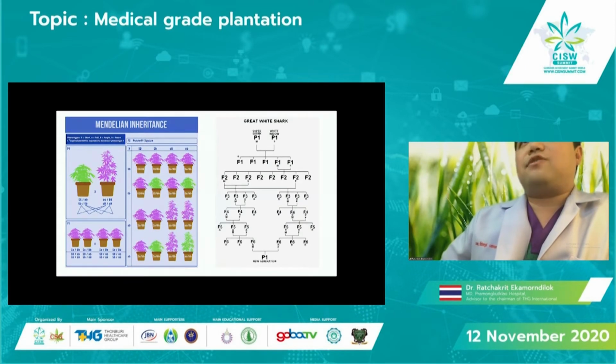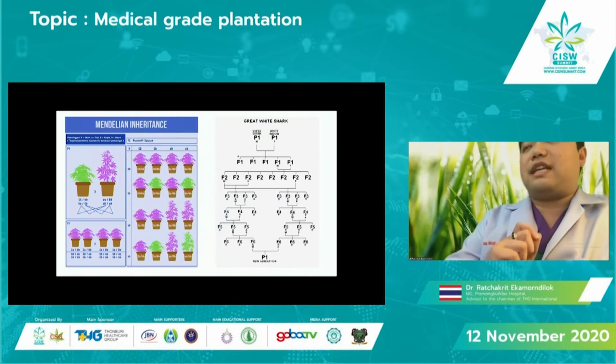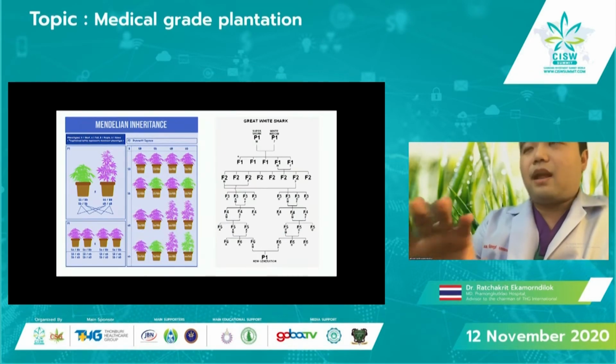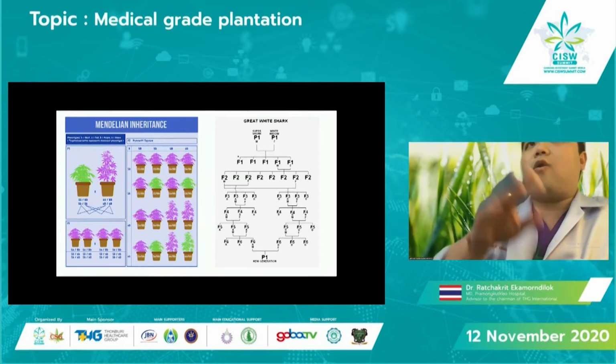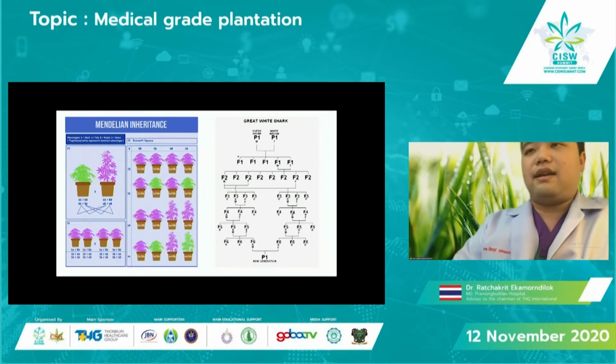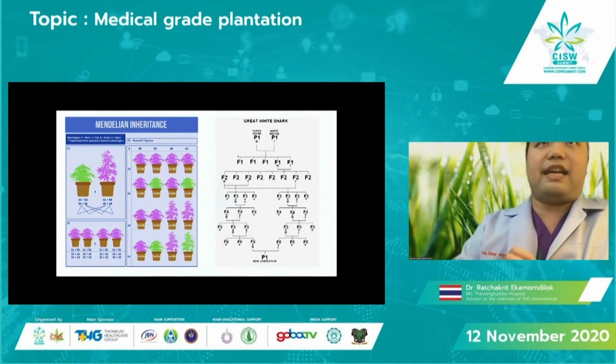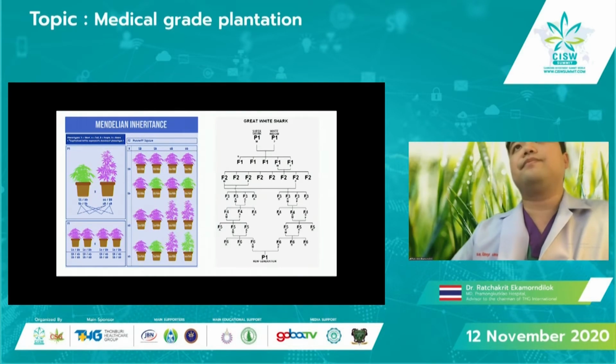First they crossed Super Skunk and White Widow for three generations. After that, they back-crossed the strain again and again, at least two times, to stabilize the generation. It may take years, or two years, before your genetic is stabilized.